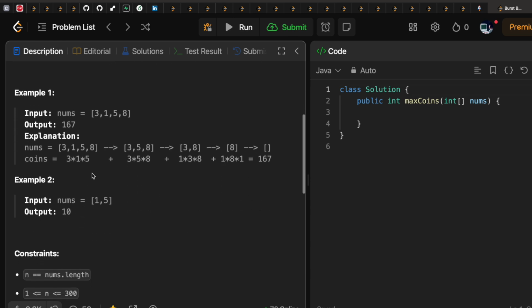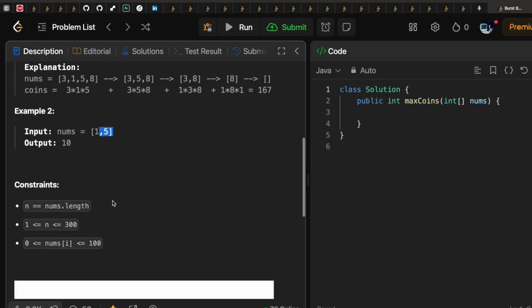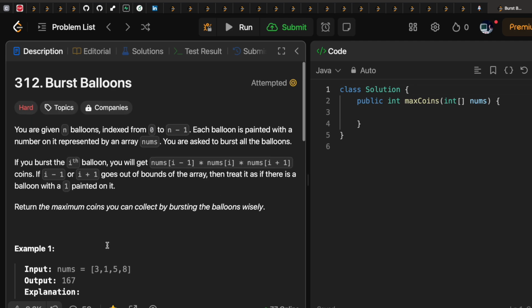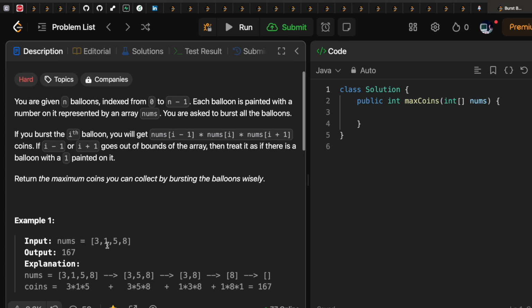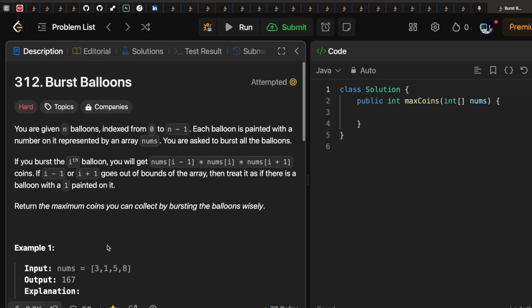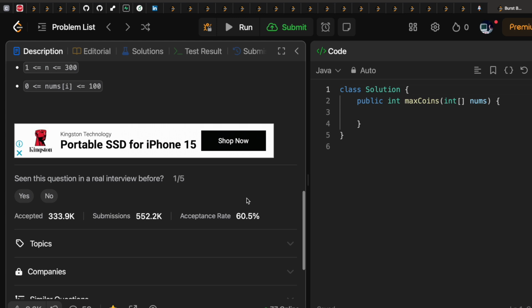Similarly for the second example we are getting 10. Our constraints are these. The acceptance rate is 60%.